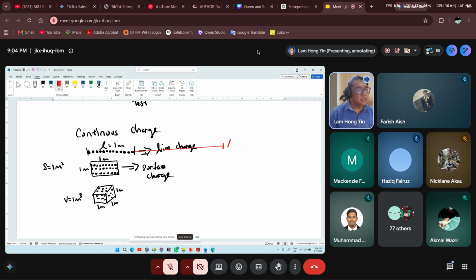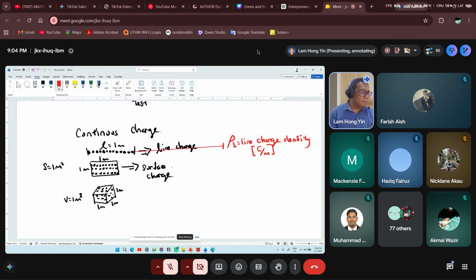We call this rho L, the line charge density. How dense in 1 meter? The unit will be coulombs per meter. When you see rho L, this is line charge density.